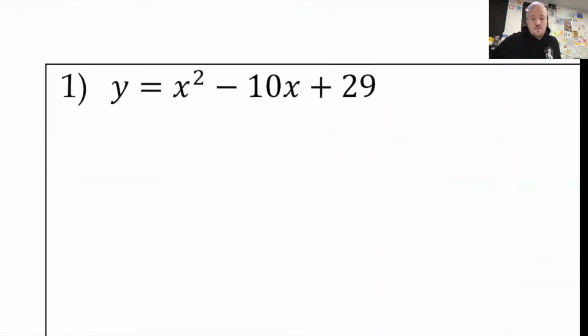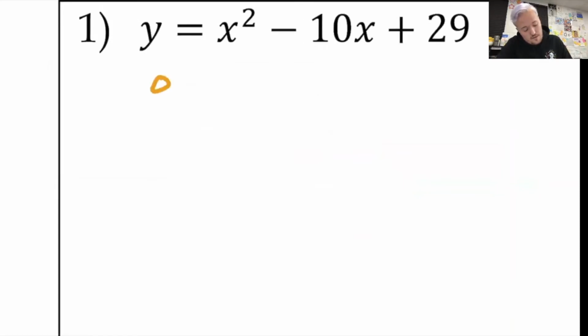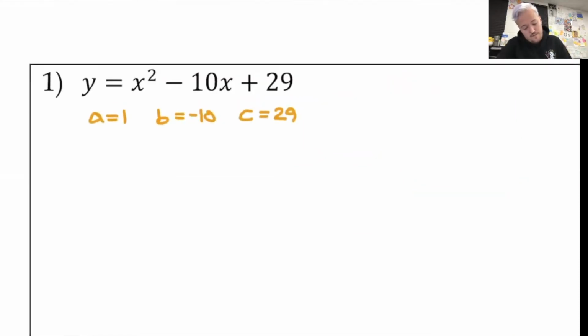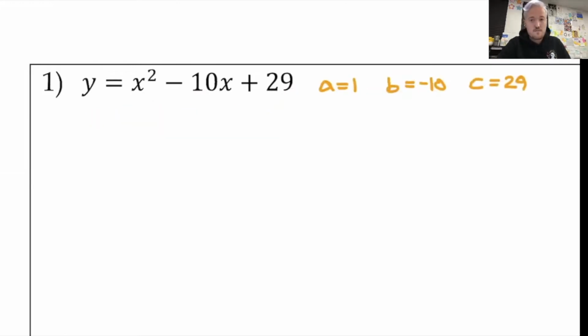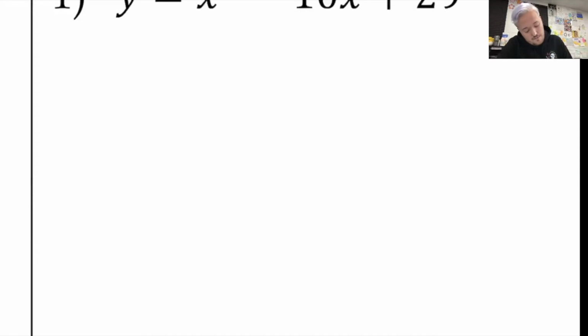Here we have y equals x squared minus 10x plus 29. We're going to start with our ABC values: a value of 1, b value of -10, and a c value of 29. Start with your AOS.